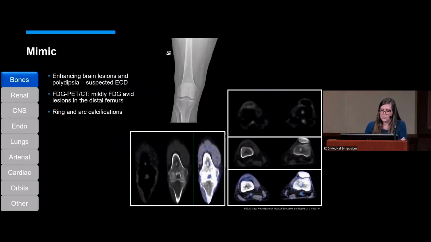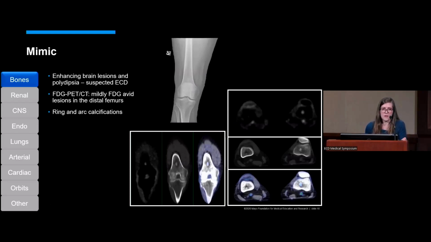As you can see in his radiograph here, it probably doesn't project really well, but there are these tiny lesions in the distal femurs that have ring and arc calcifications, or sometimes we describe it as popcorn calcifications, that you can see down here in the coronal and axial images of the distal femurs, and really mild FDG uptake.